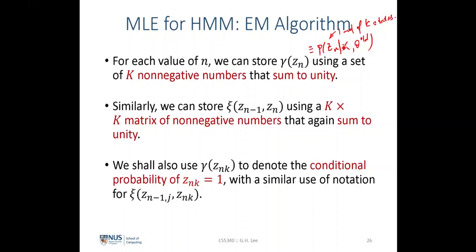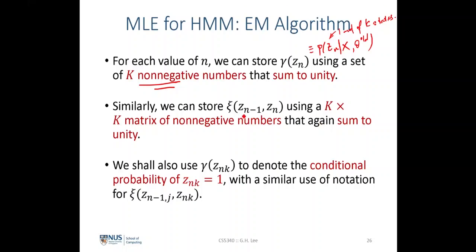This means that I would have K probability values that describe every one of the states that z_n can take, and hence K non-negative values that sum to unity, where each value is between 0 and 1. Similarly, we can also store psi(z_{n-1}, z_n) using a K by K table of non-negative numbers that sum to unity.